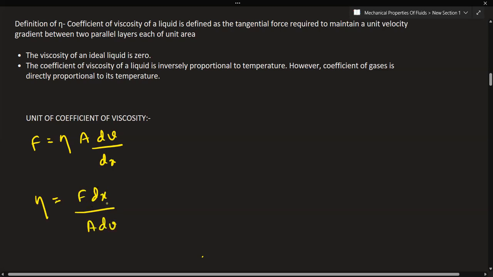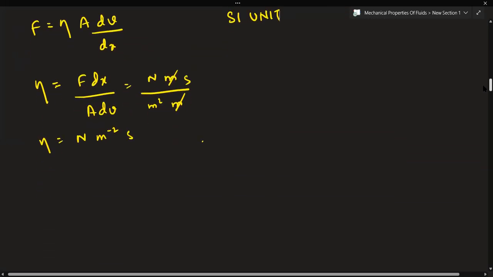Once you put in all the values, this is Newton, it's meter, area is meter square, and velocity is meter per second. So meter will cancel this meter, and we'll be left with Newton second per meter square. So the SI unit for the coefficient of viscosity is Newton second per meter square.